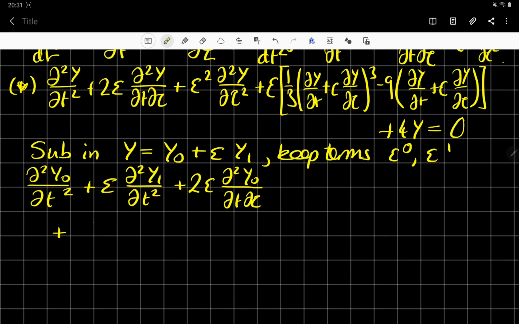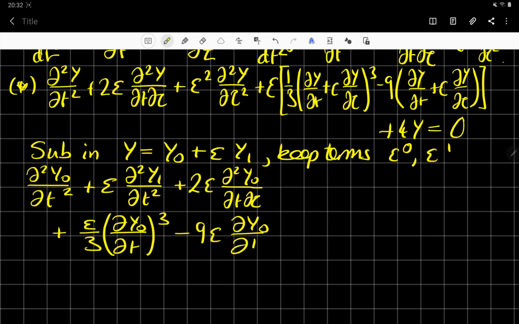So that gets me epsilon on 3 (dy0/dt) cubed minus 9 epsilon dy0/dt plus 4 y0 plus 4 epsilon y1, and all that equals 0.